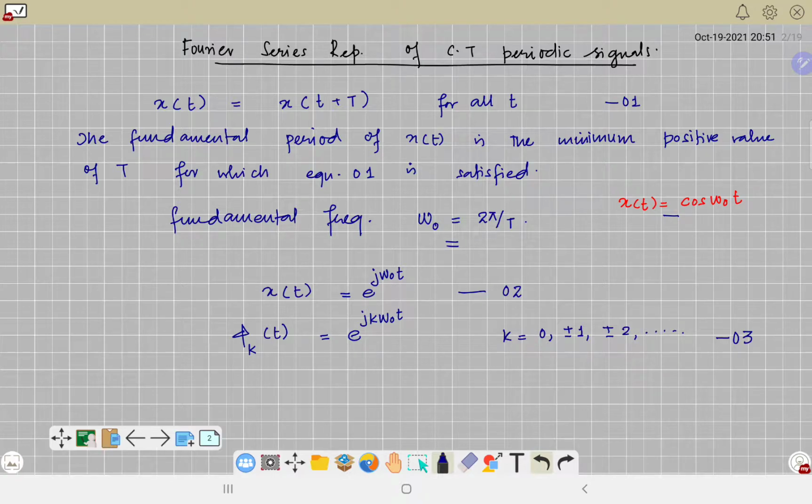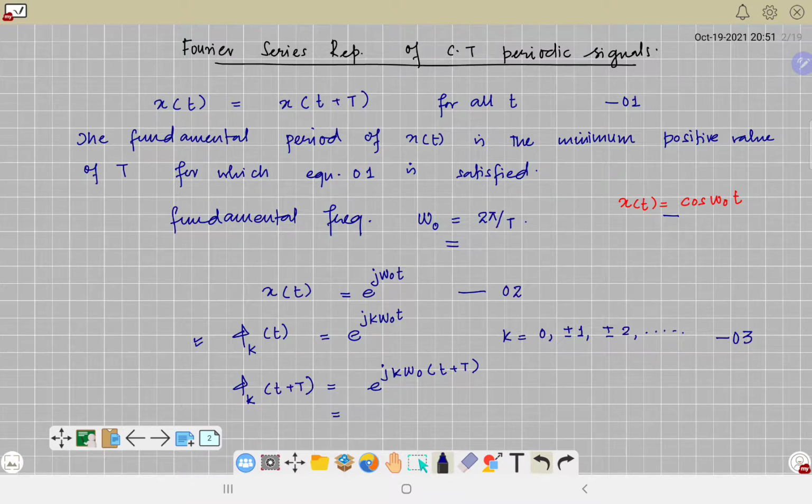Right? Now if I check periodicity on this particular signal, let me check what is phi k of t plus T. It will be e raised to the power j k omega naught (t plus T).